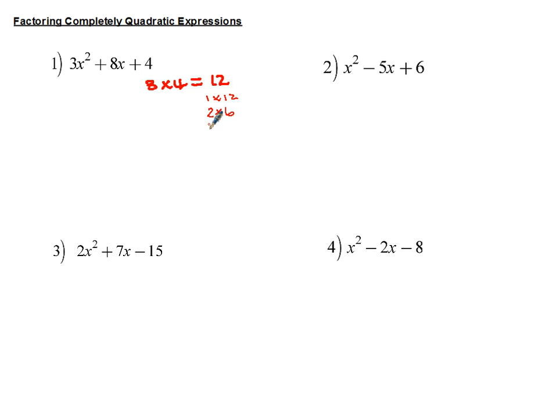So that means we're going to write now the 8x in terms of 2x plus 6x. So we're going to rewrite the expression. And instead of writing 8x, we write this there. So let us see what we have when we do that.